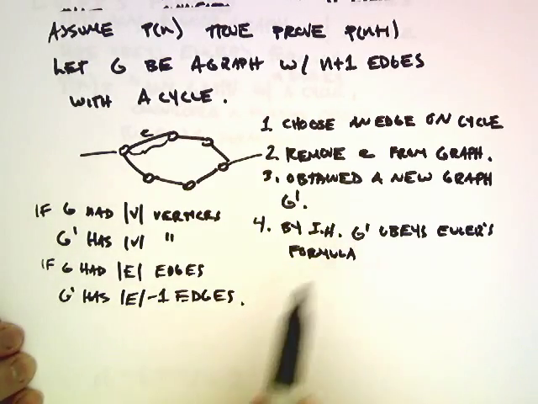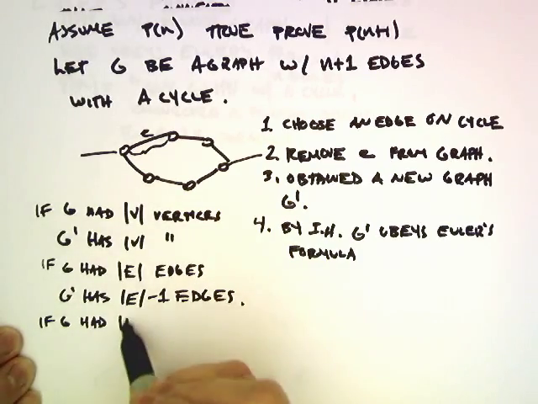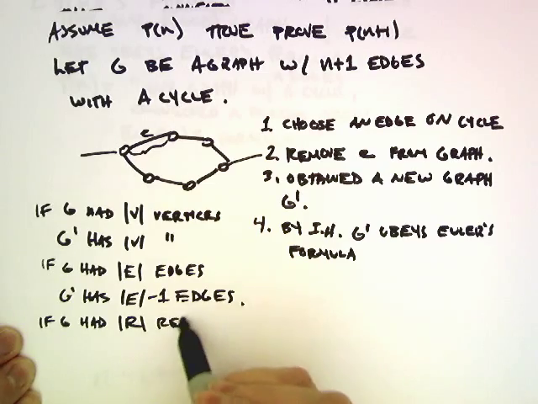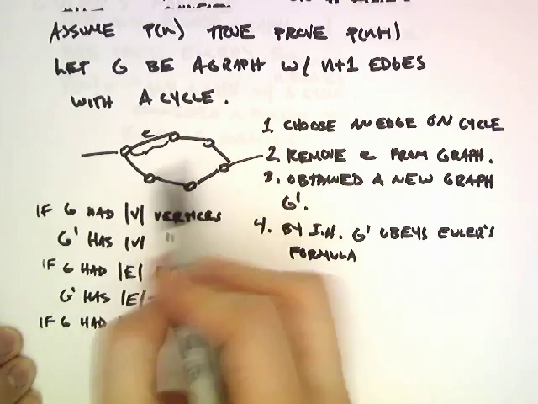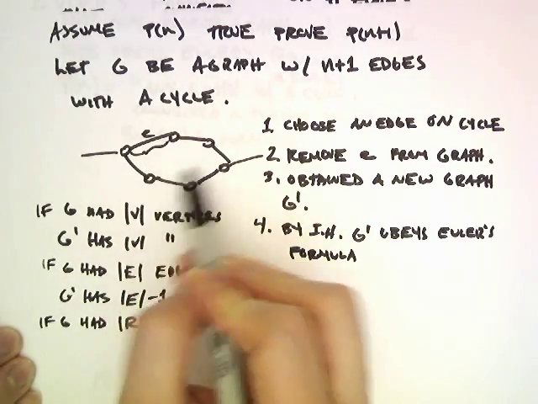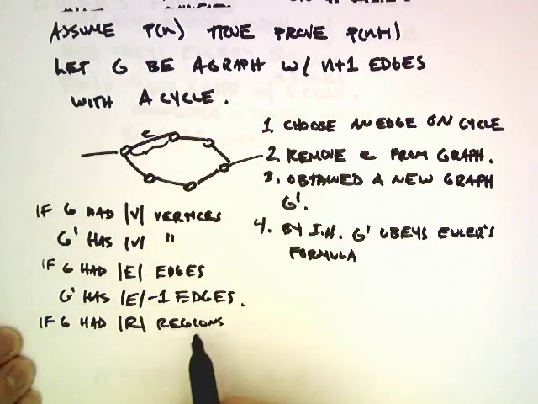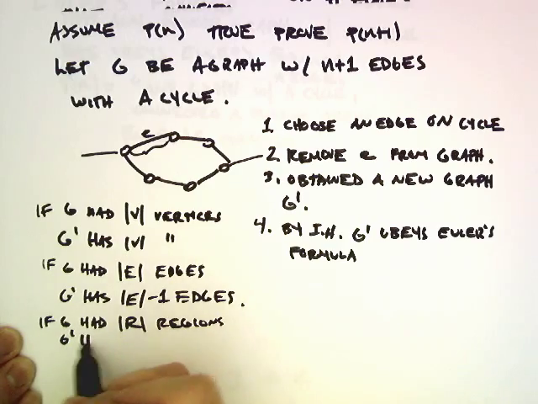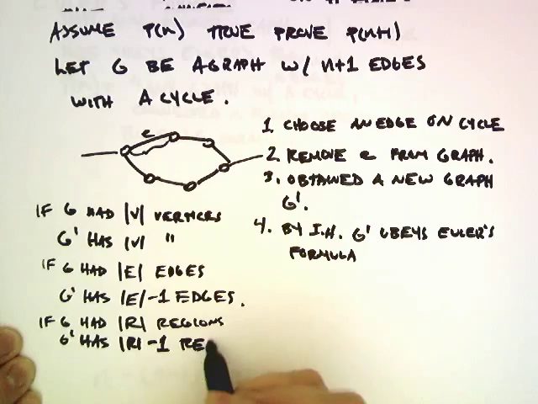And how many regions does G prime have? Well, if G had R regions, when we take out this edge, we're destroying this region in here. So ripping out this edge destroys this region because we've removed one of its bounding edges. So if G had R regions, G prime has R minus 1 regions.